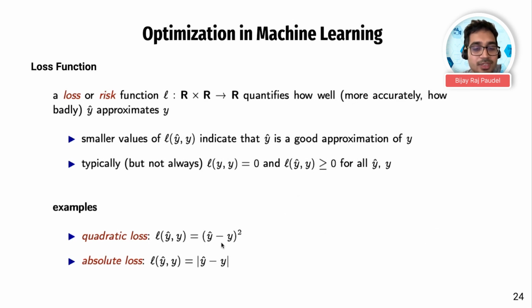This is used most often. There is also another loss called absolute loss, the absolute value of y minus y hat, so you always get the positive one. You will see tens and maybe hundreds of loss functions that different people use for different problems.